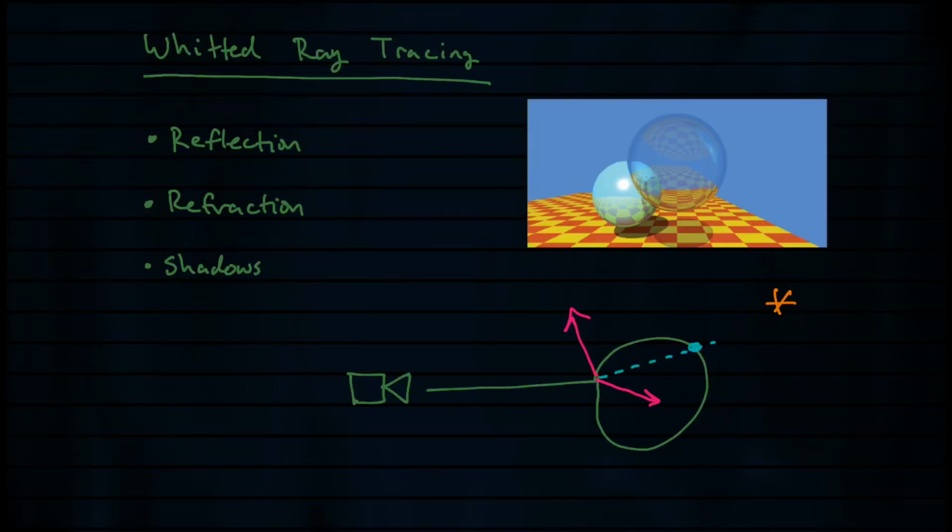Because we have an intersection here on the way to the light, that technically would be in shadow. However, if you had another light over here, then of course you would be lit. And this is how Whitted ray tracing essentially works. So we basically branch off three different kinds of rays: shadow rays, refraction rays, and reflection rays.